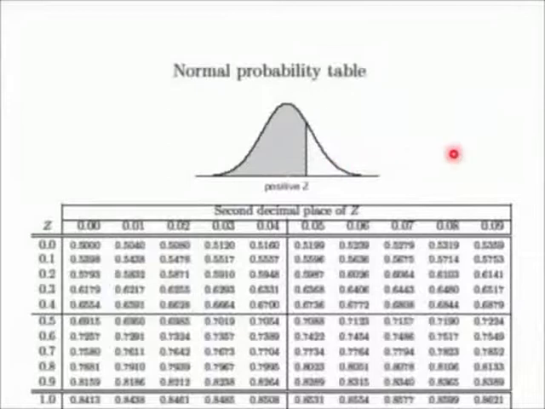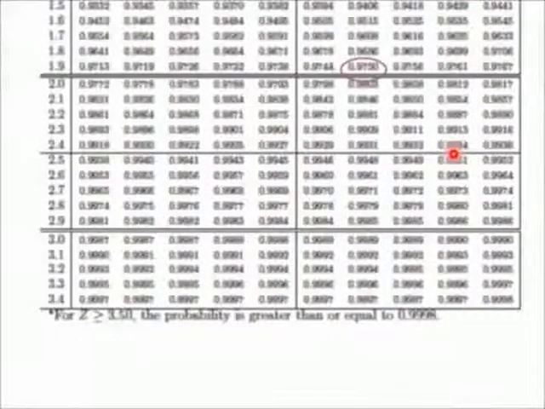Well, let's look at our normal probability table to do that. I need to find 0.975 somewhere in this table. So let me scroll down, and it looks like we've got 0.975, and the z-score associated with that is 1.9, and we're in the 0, 1, 2, 3, 4, 5, 6 column. So 1.96.